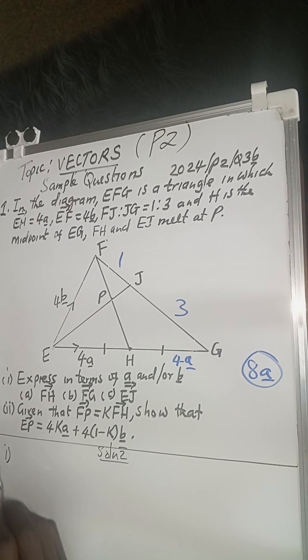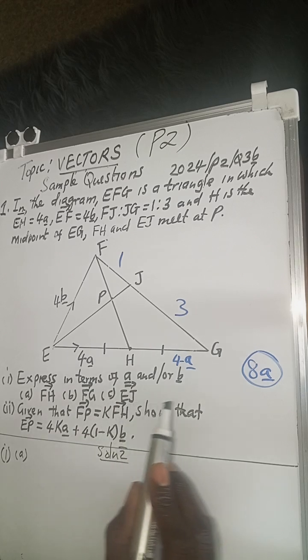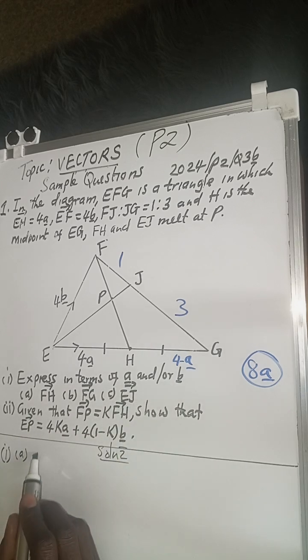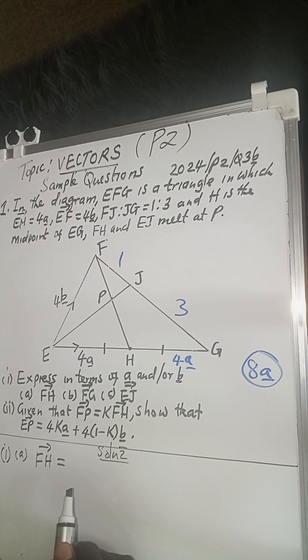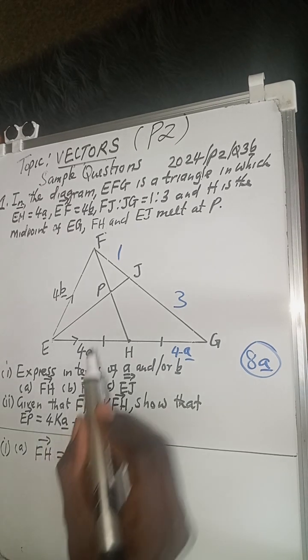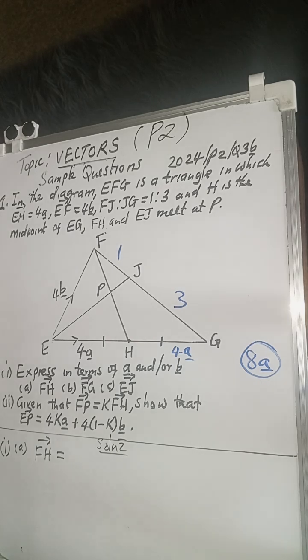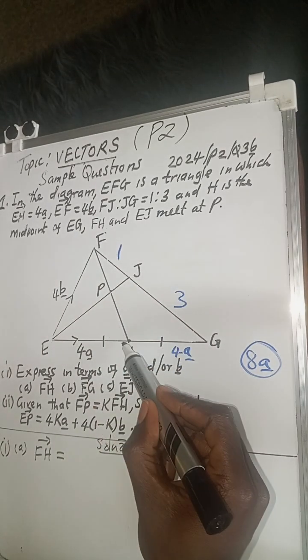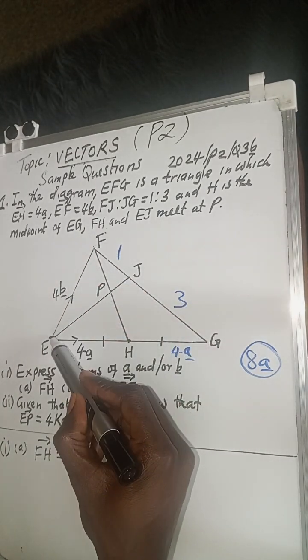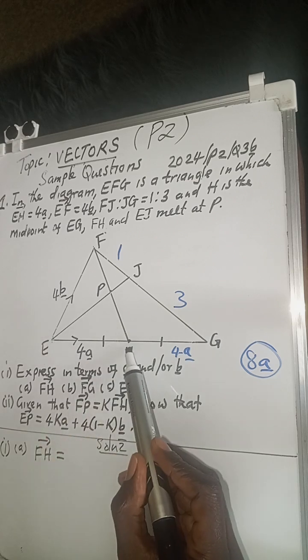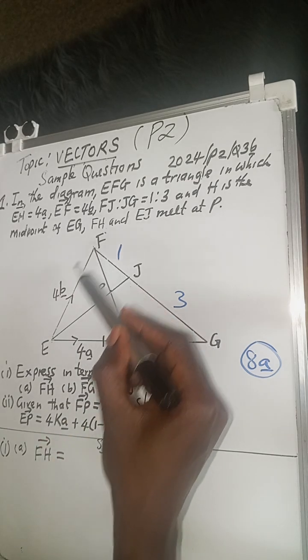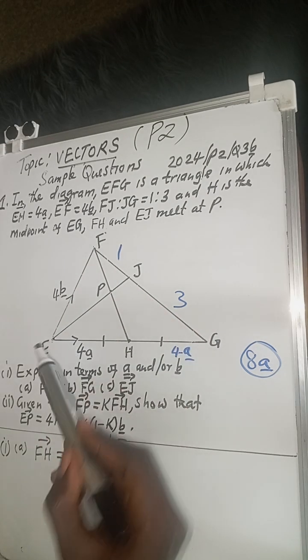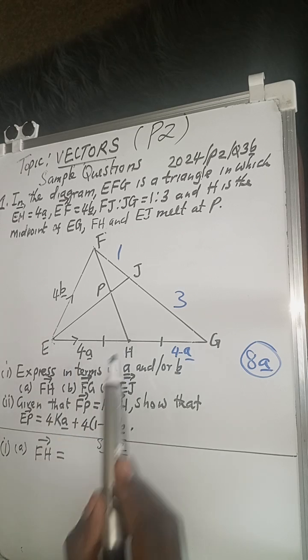Part 1(a) says express in terms of vector A and vector B the vector FH. So they want us to express the vector F to H. How do I move from F to H? It is simply FE combined with EH. But remember, when you move FE, you're moving in the opposite direction. So you start with this one, which is positive.